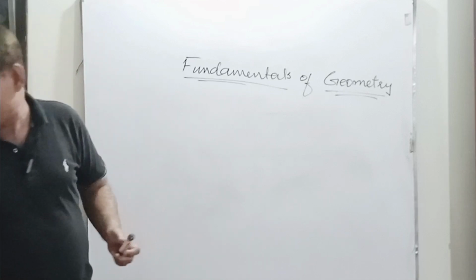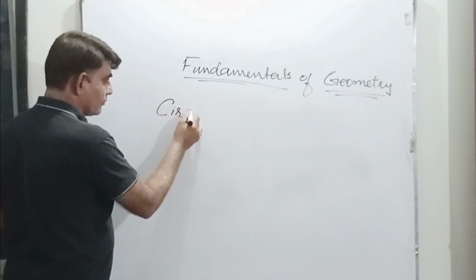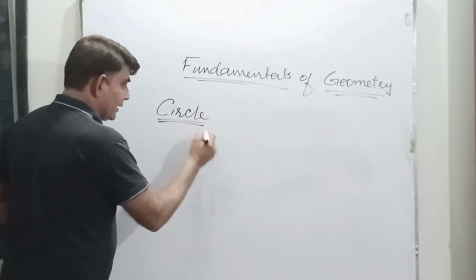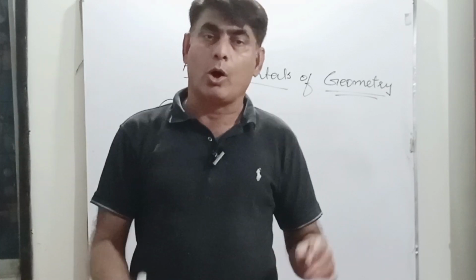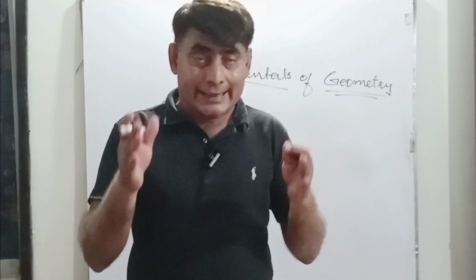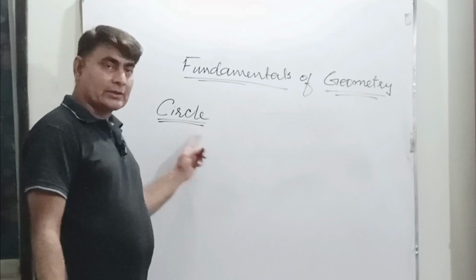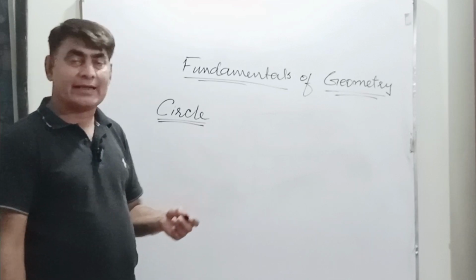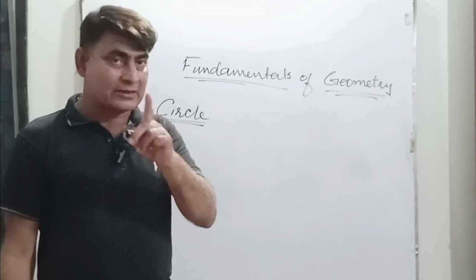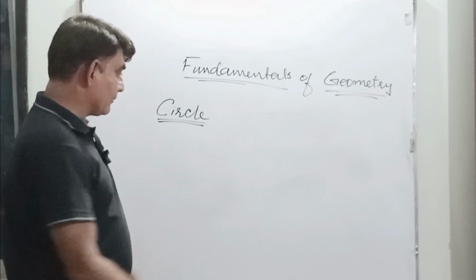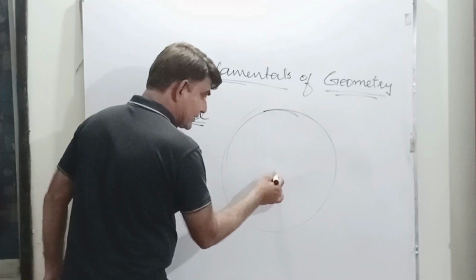So the fourth term is circle. A circle is also a set of points, but all points which are equidistant from a fixed point. Circle: a set of points which are equidistant from a fixed point. Okay, and this fixed point is called the center of the circle. Now listen, if I draw a circle over here, right, this is the center.